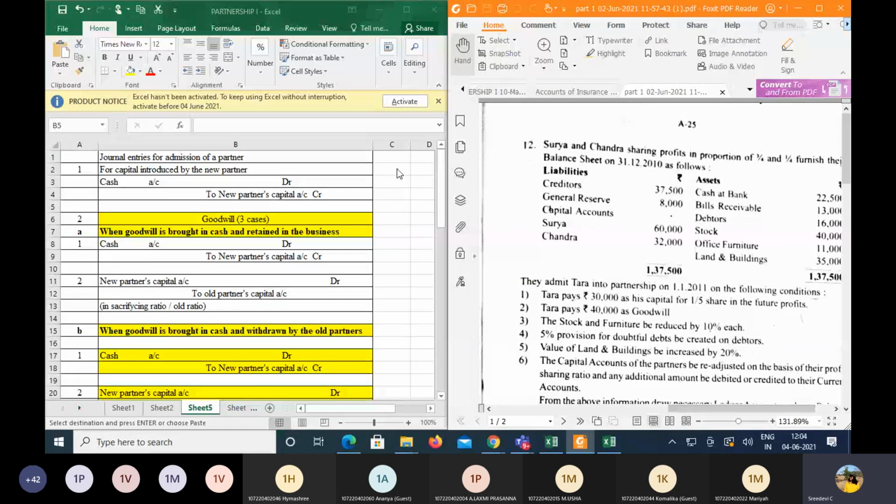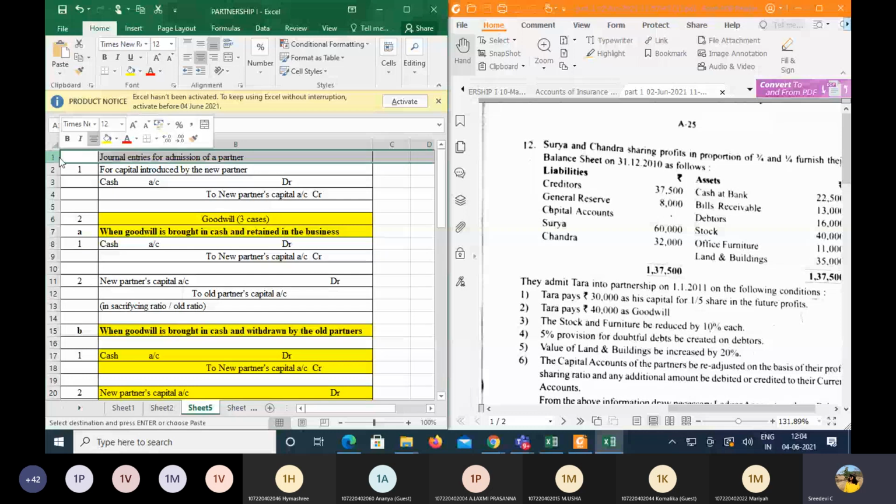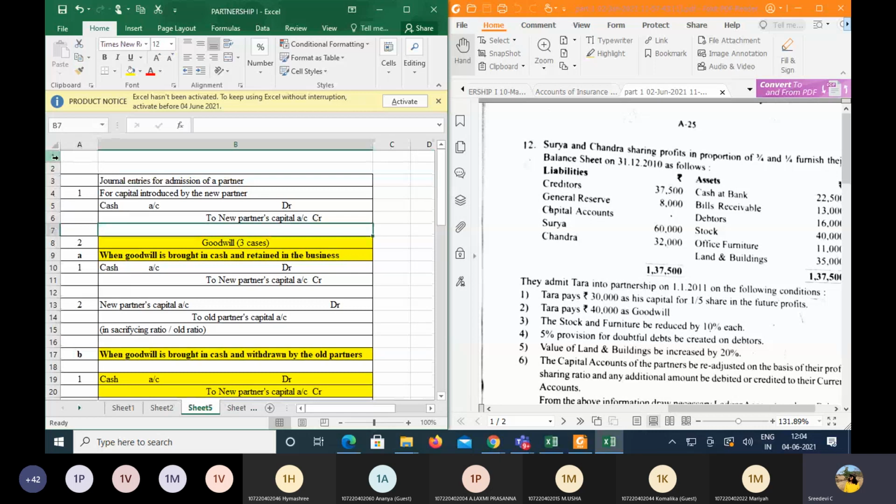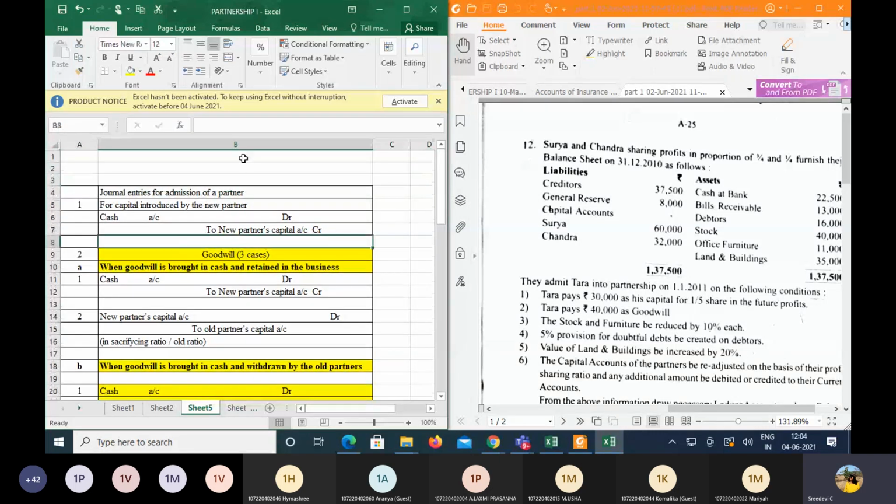The old ratio here is 3 is to 1, right? So to calculate the new profit sharing ratio, how are you going to calculate it?